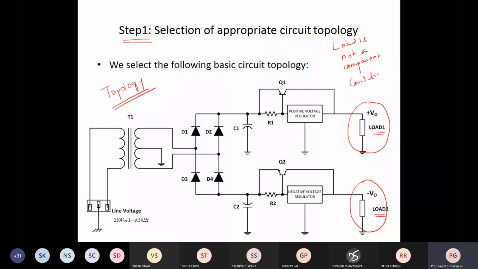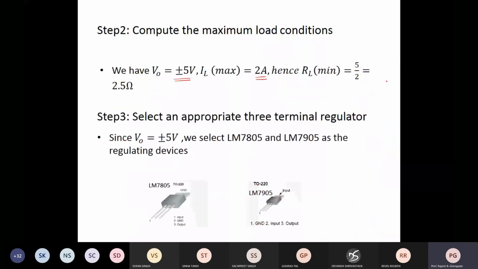Load is a condition. The user can connect anything to it, provided he is meeting the specifications. So we have to find out the load conditions, worst case load conditions, and that is RL minimum. Again, this is not a component. You are not supposed to select a resistor over here.